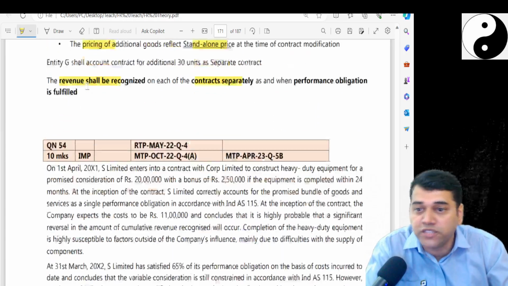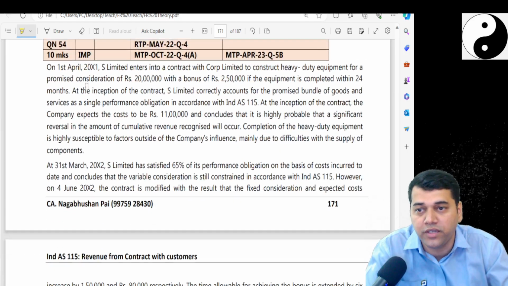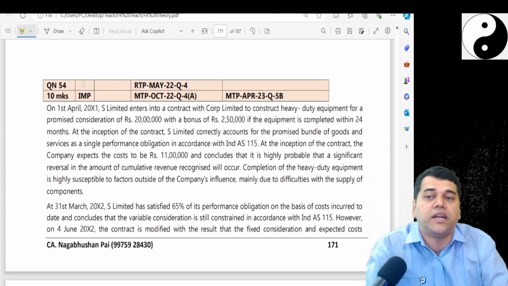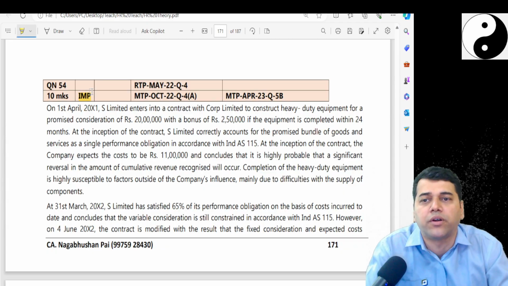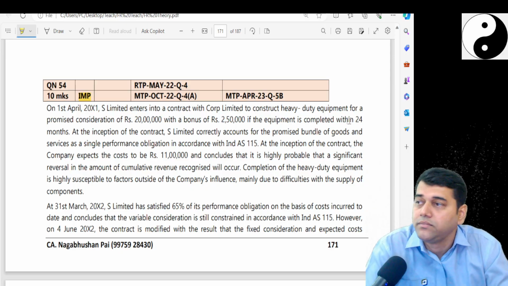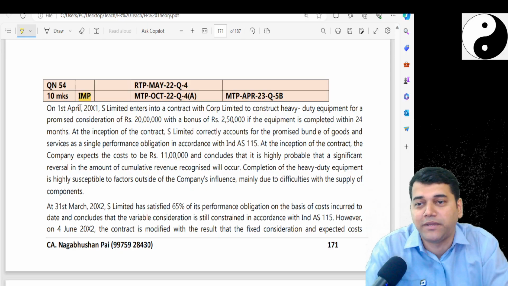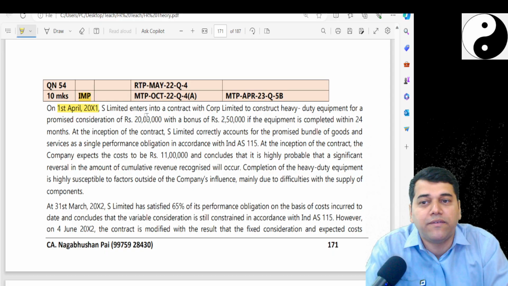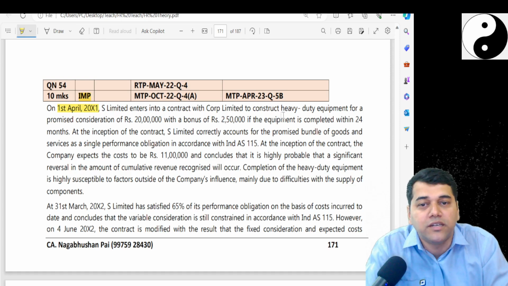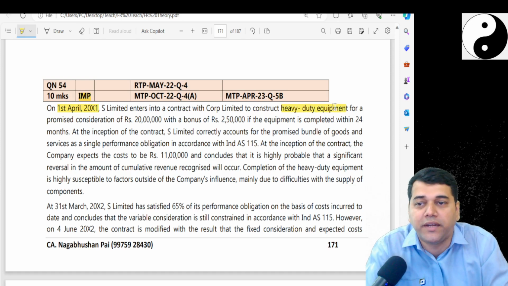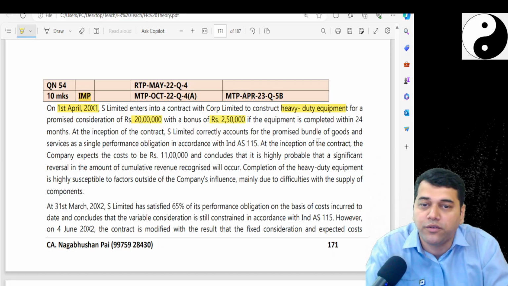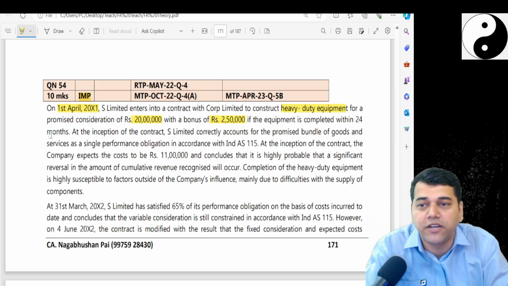Now this question is a highly probable question, because if you see, this question has come in so many RTP, it has come in RTP and MTP, and I have told you, important, it may come for 10 marks if it comes in the exam. Okay, please tell me. April 2011, S Limited enters into a contract with Corp Limited to construct a heavy duty equipment for a consideration of 20 lakhs with a bonus of 2.5 if the equipment is completed within 24 months.